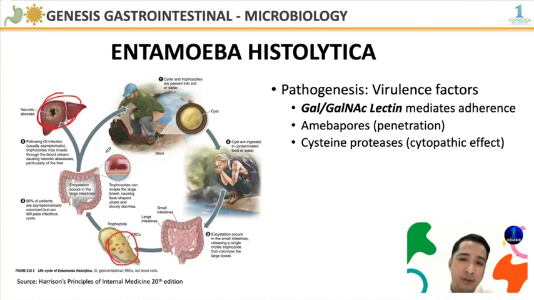Some of the signs and symptoms will include diarrhea, severe dysentery, and associated complications. Ano ba yung mga complications niya? So nakita niyo, affecting the liver, pwede siya mag-present with perforation, peritonitis, and amoeboma formation. Amoebic liver abscess is the most common manifestation of extraintestinal amoebiasis.